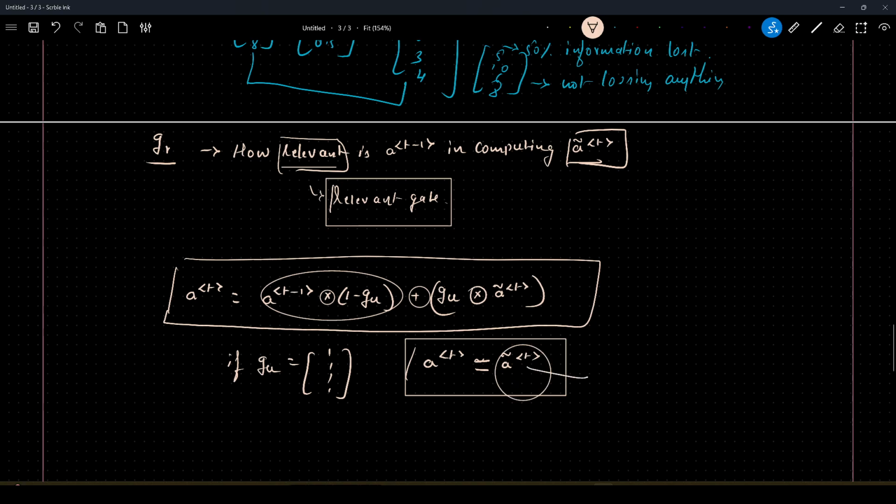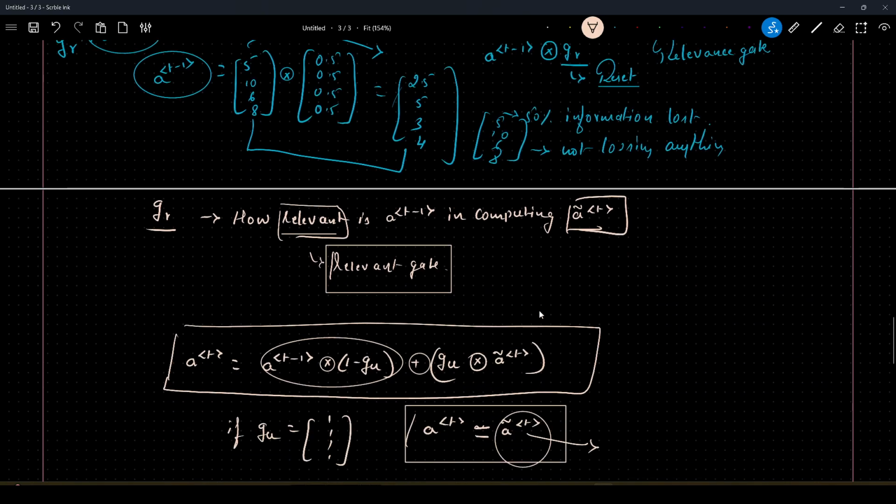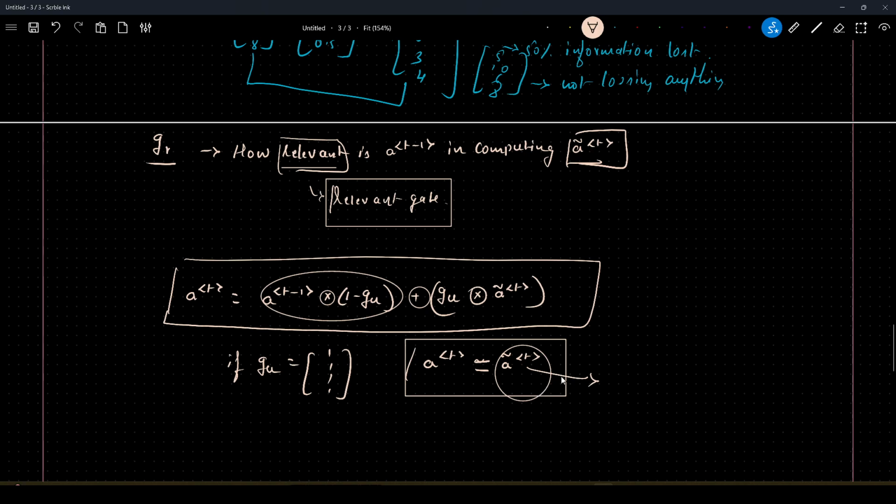And not all the current context will be used. Again, A bar T is calculated using the relevance gate, right? So it depends on what kind of information we are passing through. But for sure, the previous time step context is lost. Not completely, because we also have this A bar T, which computes values based on the previous time step with something called the relevance gate. So this is the case if GU is all 1.